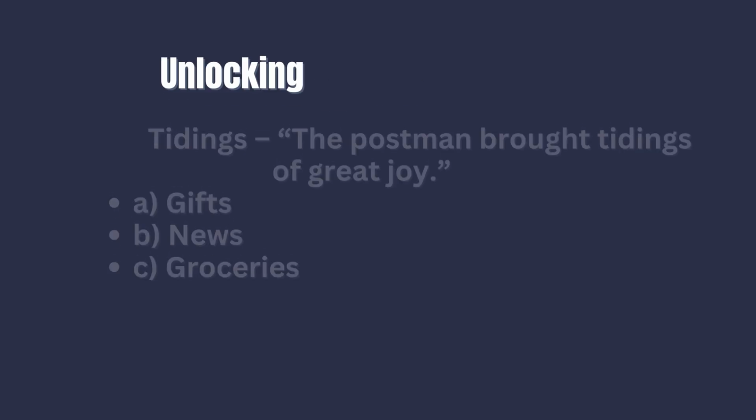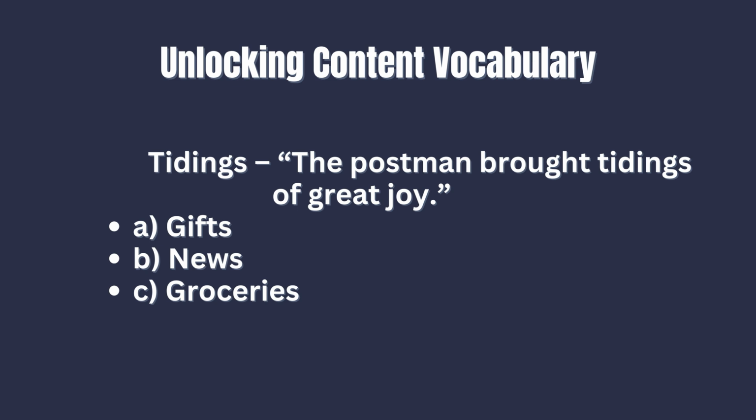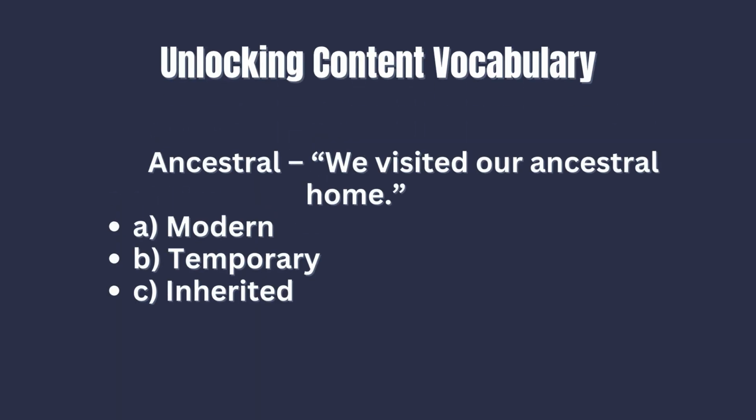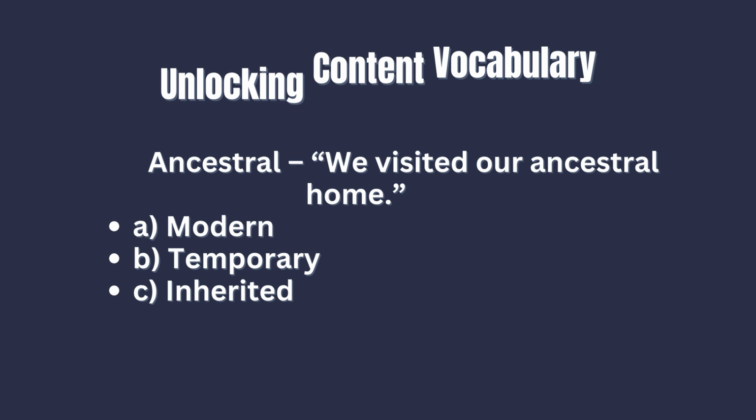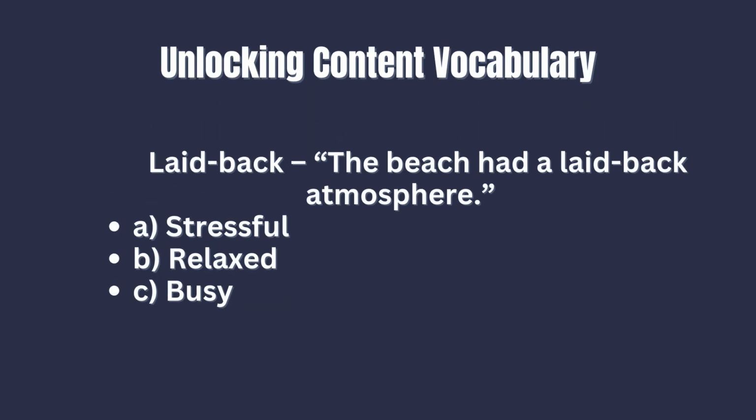Let's unlock some words you'll encounter. Listen carefully and guess their meanings. 1. Tidings. The postman brought tidings of great joy. 2. Ancestral. We visited our ancestral home. 3. Laid back.